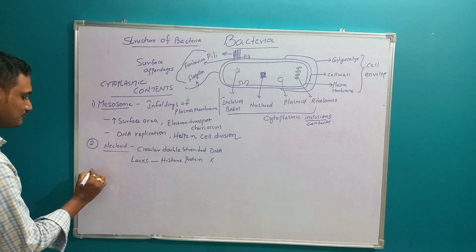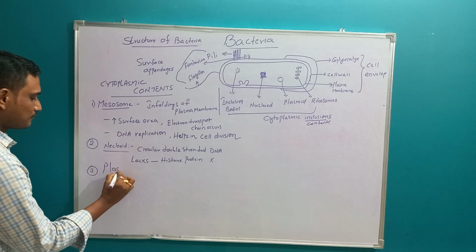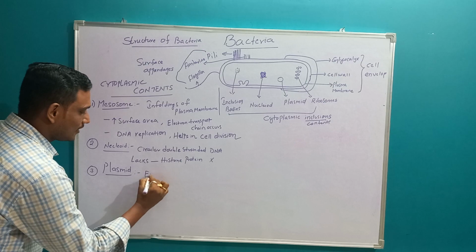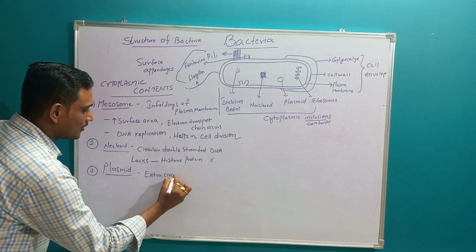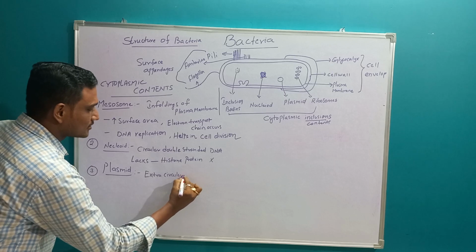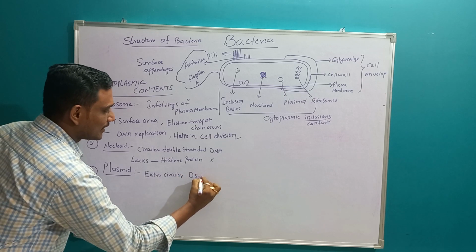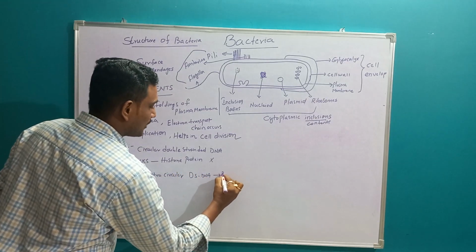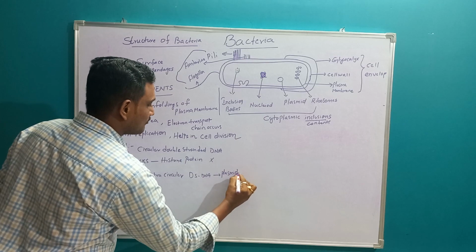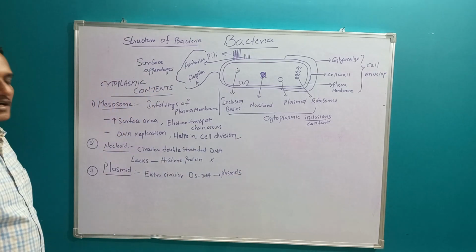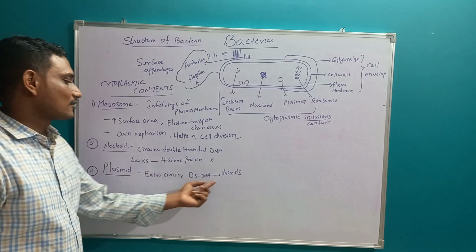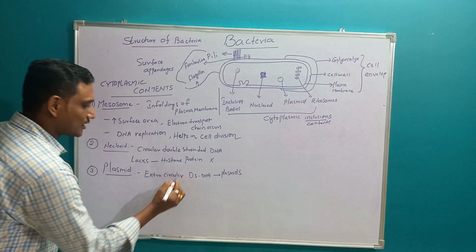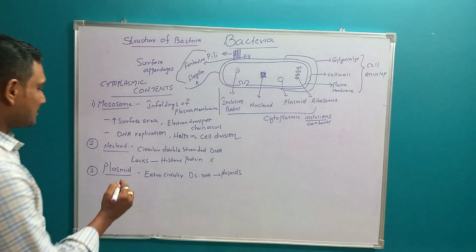The third one is plasmid. Extracellular double stranded DNA is called plasmids.